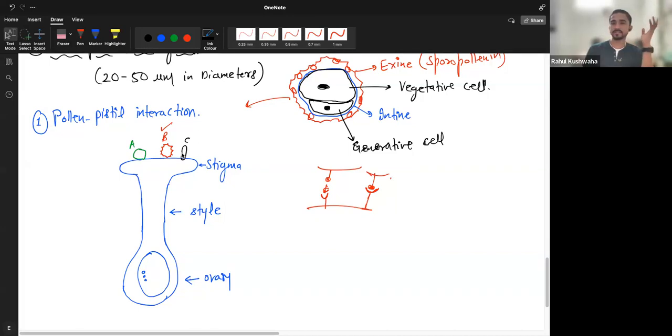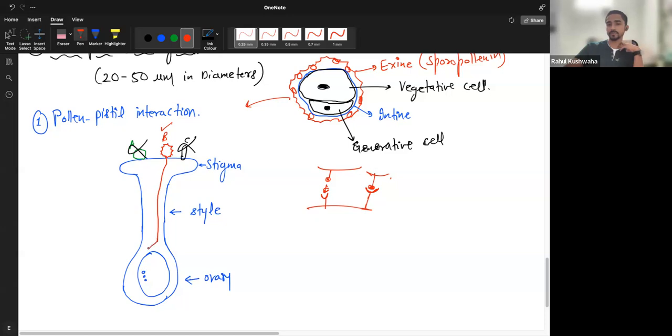You know this already, these pollen tubes can only come out of these holes where the exine is absent. So this one got selected, the others got rejected, and now it will start producing a tube which will go inside, but it will not enter the sac from the top.